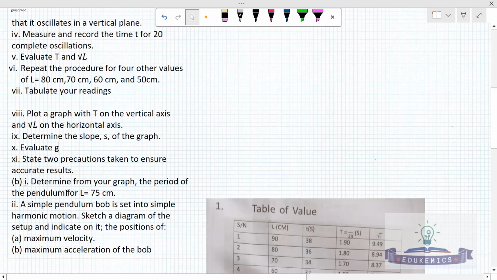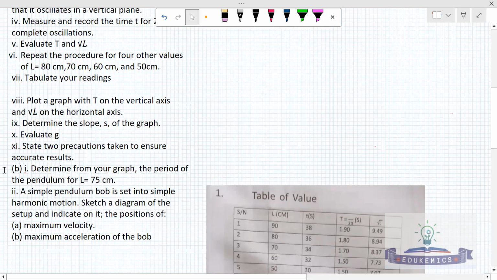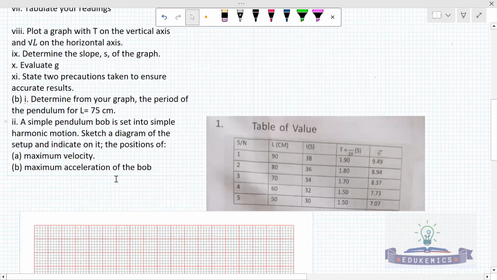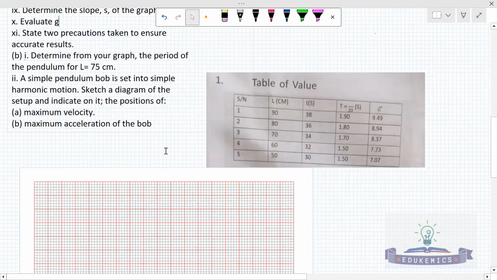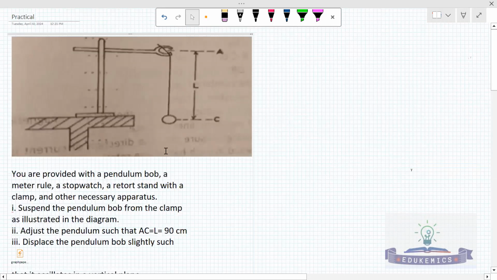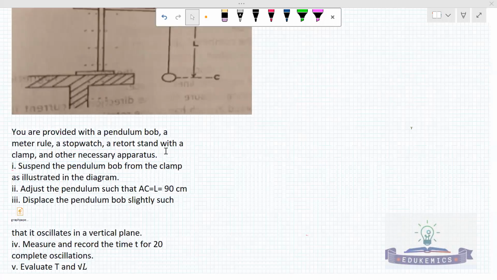State two precautions taken to ensure accurate results, and determine from your graph the period of the pendulum for length L equals 75. So these are the theoretical questions that you need to answer. This is the question that we will need to answer. So let's get set for that.